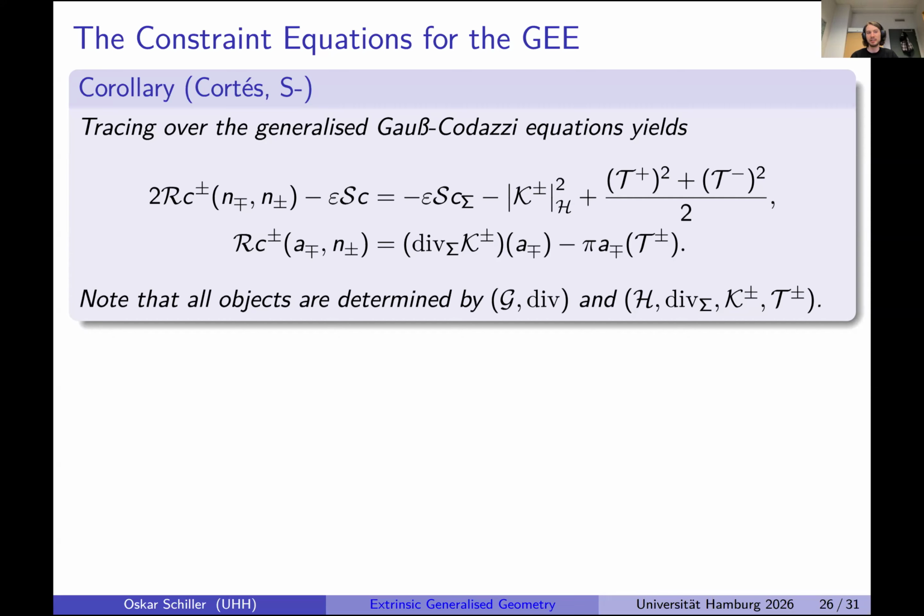And the question of whether the initial value problem is well posed is precisely the question of whether these equations are also sufficient for the data to be embeddable. Right. Okay.